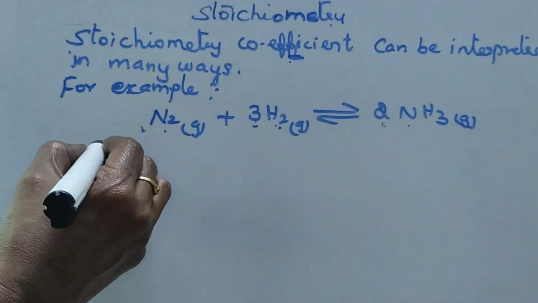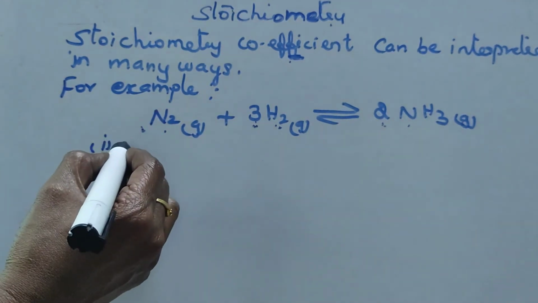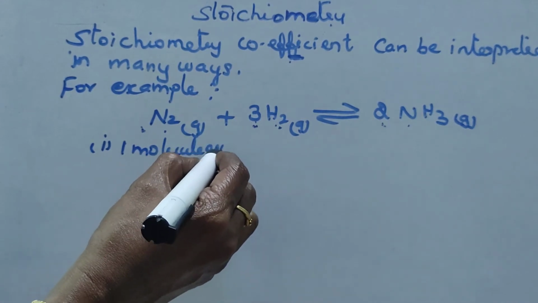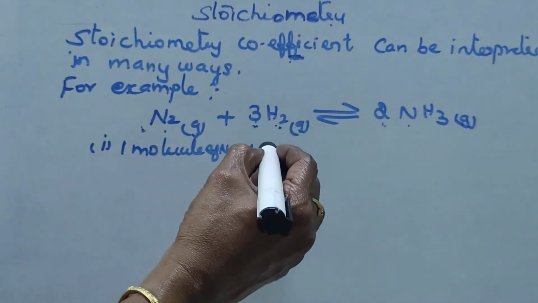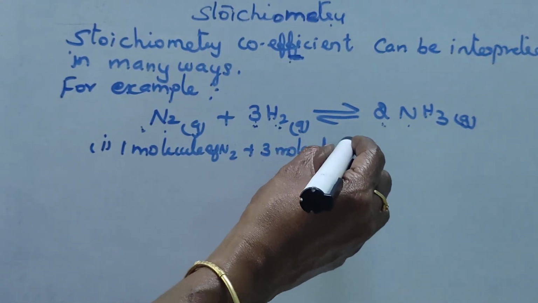This can be expressed in different ways. The quantity can be expressed in different ways. Here one molecule of nitrogen combined with 3 molecules of hydrogen.